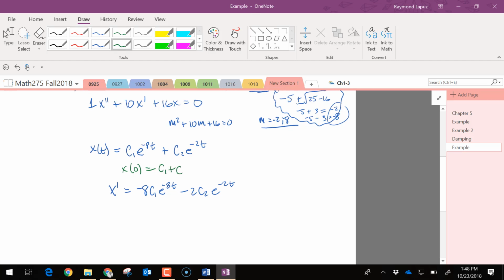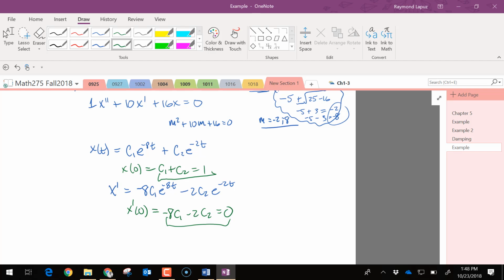So C1 plus C2 equals 1. When your derivative is equal to 0, we want it to be 0. Negative 8C1 minus 2C2 is equal to 0. So that's putting t is equal to 0 in there, right? You get two equations and two unknowns, and you just solve for it any way you want. Cramer's rule, addition rule, or whatever it's called.